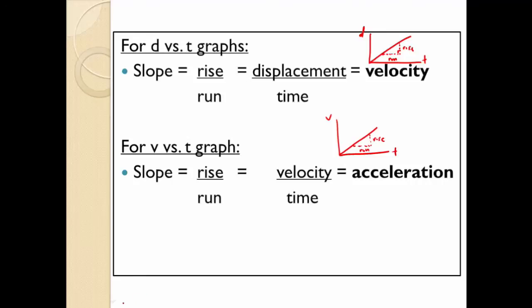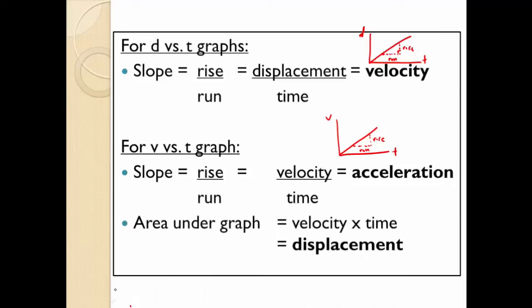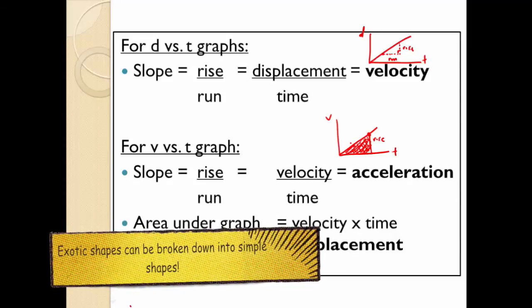Now, there's one happy coincidence about these graphs: if you take the area under the graph, you're going to find something useful. For example, when we have a velocity versus time graph, let's say we want to find the area under the graph from this point here. How do we get that area? Well, it's 1/2 the base times height.